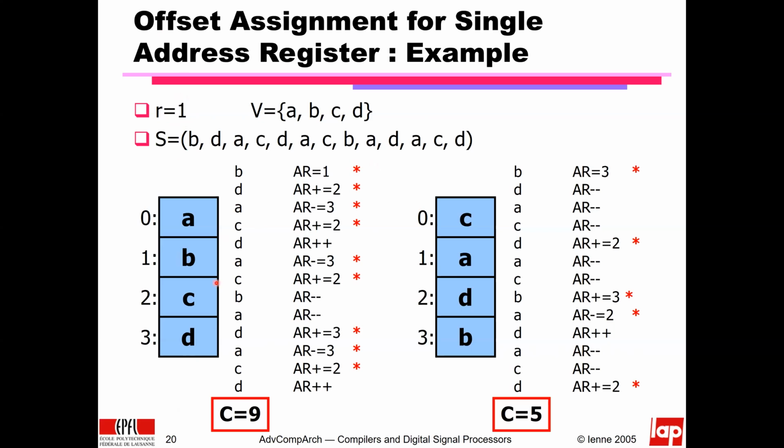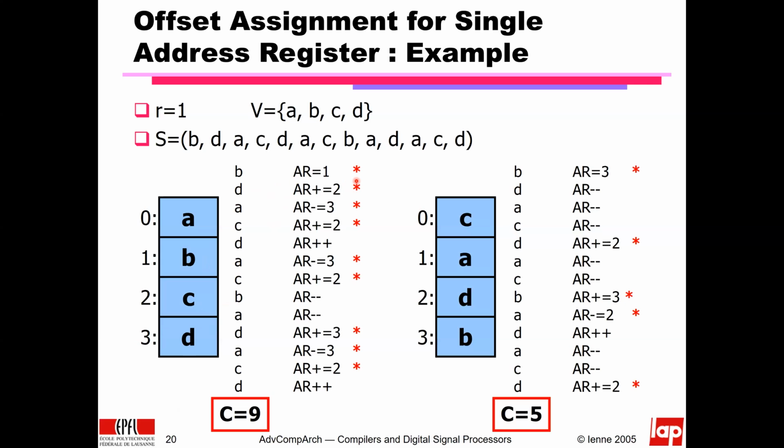So I could go and reach C in an auto-incrementation, but I cannot reach D, which means that I need to modify manually, maybe reload AR with the value 3 before I can access D. And again, there is this asterisk to say that I need to pay a reloading of AR price to access.